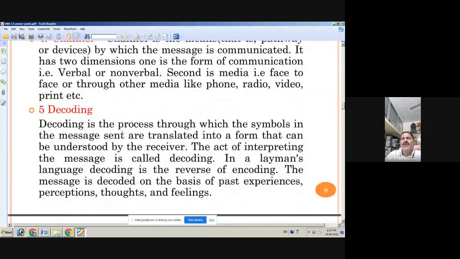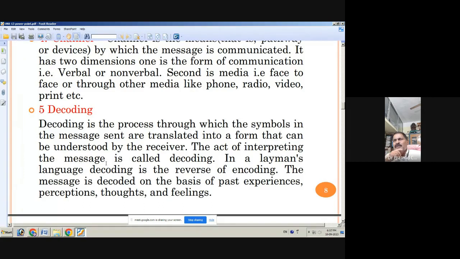Then next is decoding. Decoding is the process through which the symbols in the message sent are translated into a form that can be understood by the receiver. Whatever messages you have sent, you have encoded, but the receiver will decode it. In what sense he understood the subject matter, then he can decode the message, and automatically in layman's language he is able to express it.